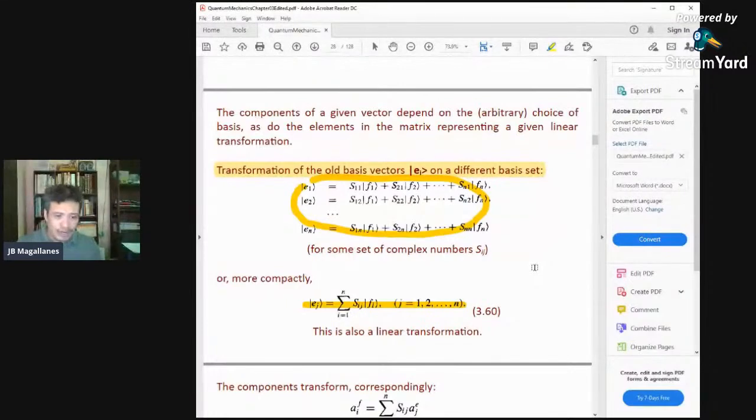Here, you have an old basis vector ei and a different basis vector f. The f is a different coordinate system, for example. So if you want to convert, there exists a transformation matrix that could give the transformation.